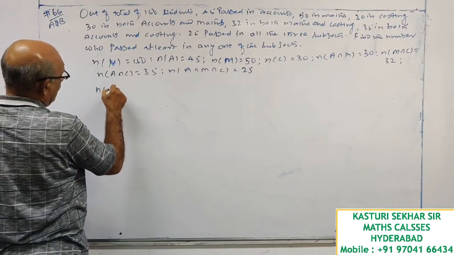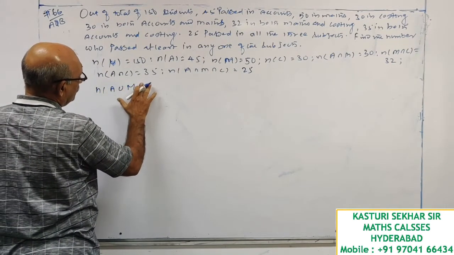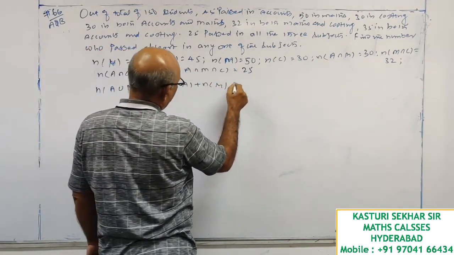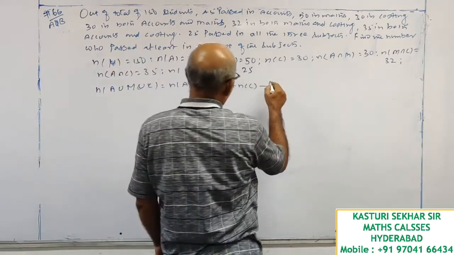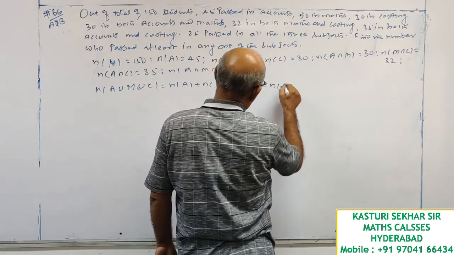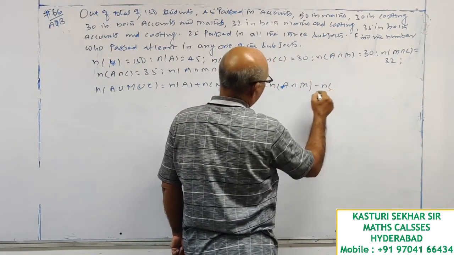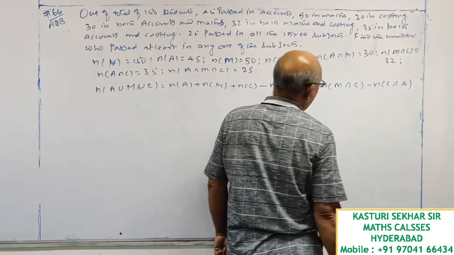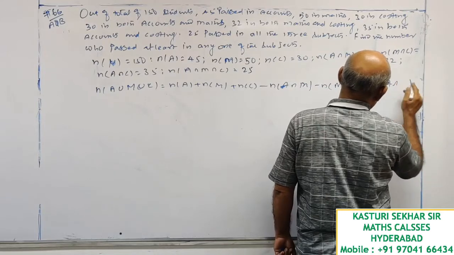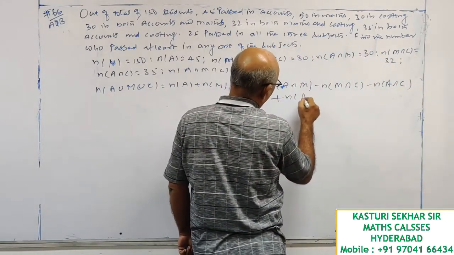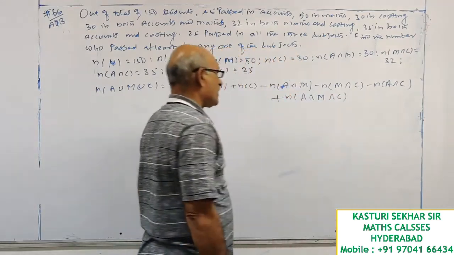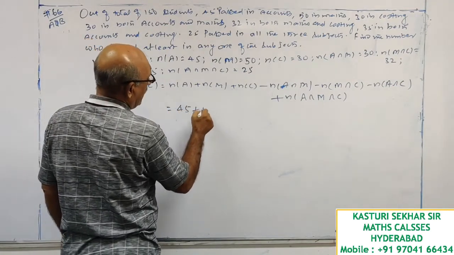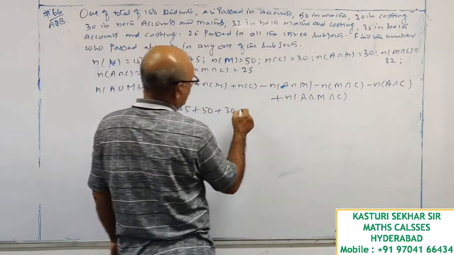N of accounts union maths union costing. So N of A plus N of M plus N of C minus N of A intersection M, M intersection C, C intersection A, plus N of accounts intersection maths intersection costing. How many passed in accounts? 45. Maths 50. This is 30.